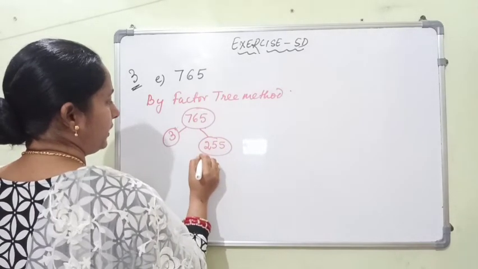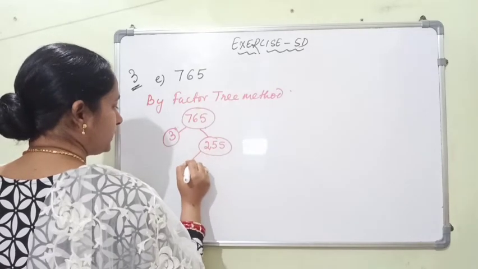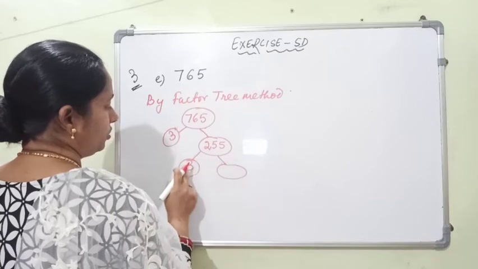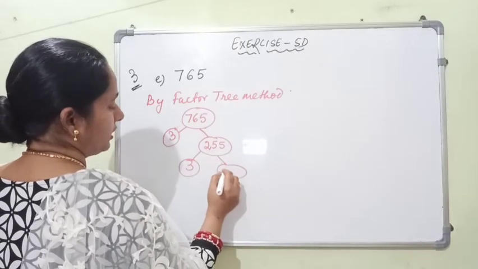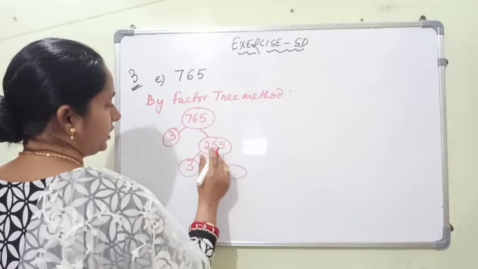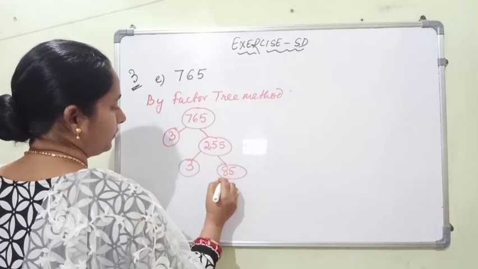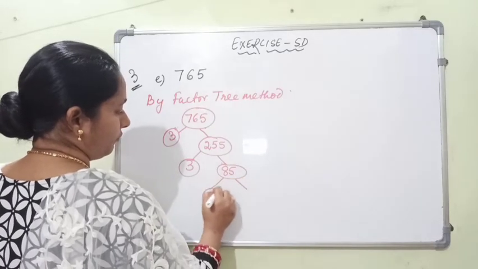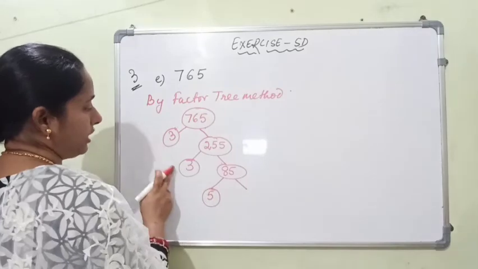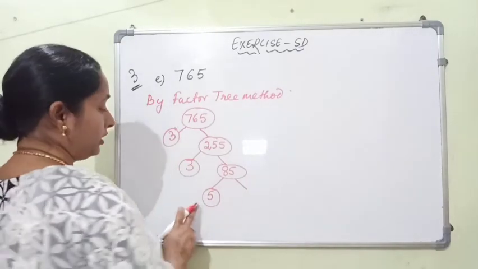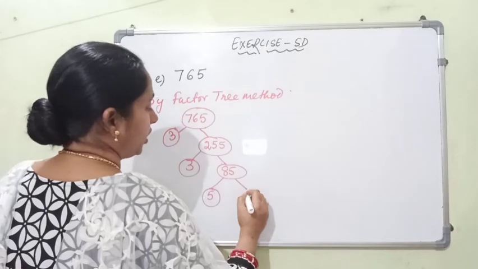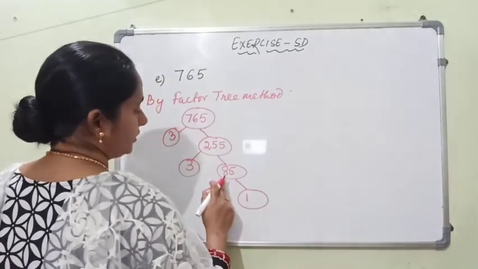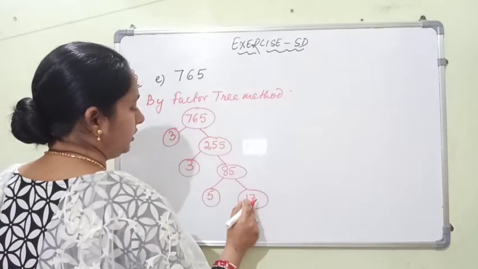Further, this can again be divisible by 3. How many times will it go? 3 8s are 24 and 3 5s are 15. Further, this is divisible by 5. 5 how many times? Every time I am dividing by a prime number only. 5 1s are 5, 5 7s are 35.